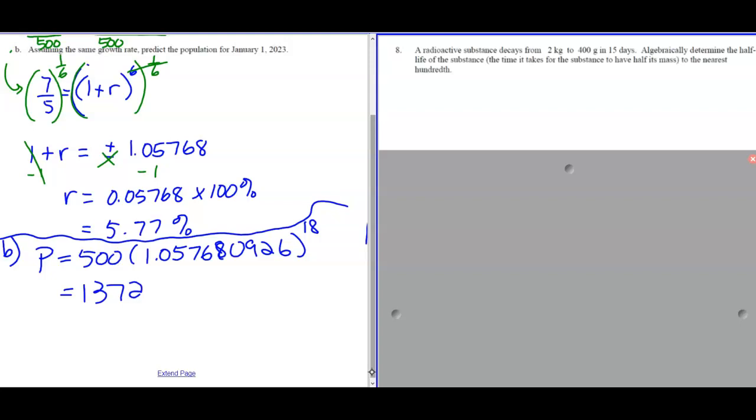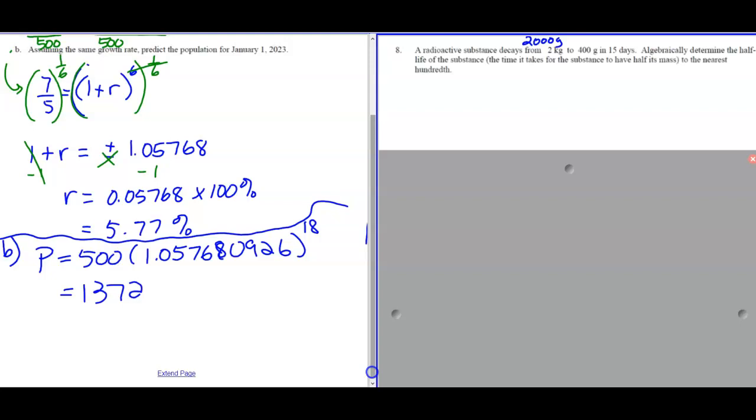I'd probably go to grams so there's no decimals, but you can go the other way around, doesn't matter. Algebraically determine the half-life of the substance, so that's the time it takes for the substance to have half its mass, to the nearest hundredth. So that's the P value. You look on your formula sheet, that's what you're looking for.